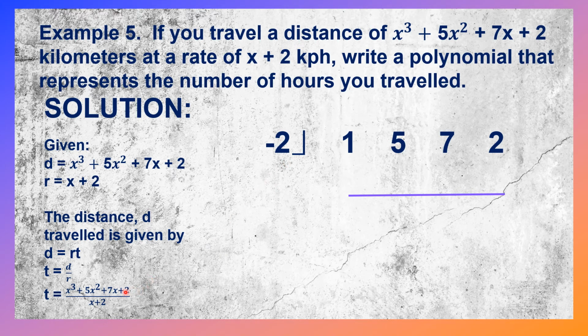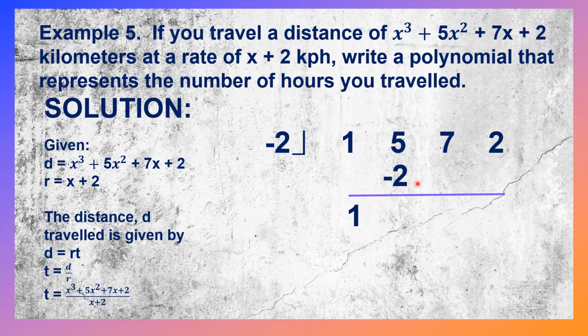Then, since our dividend is already in descending powers and there's no missing term, just copy our numerical coefficients, which are 1, then 5, 7, and positive 2. So our first step is just bring down 1. Then 1 times negative 2 is equal to negative 2.